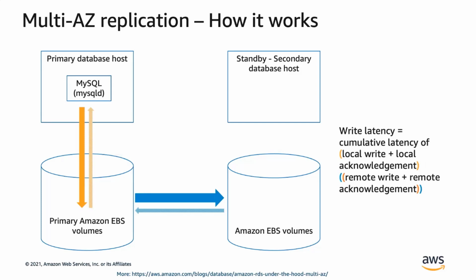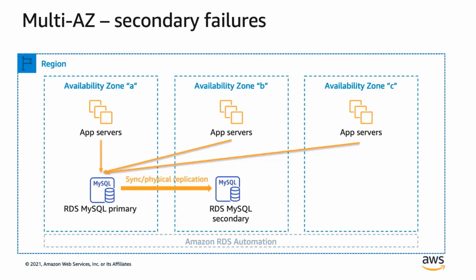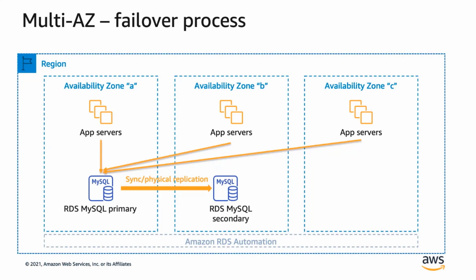Now let's look at some of the multi-AZ failure scenarios. If the secondary instance fails or becomes unavailable, Amazon RDS monitoring system automatically detects and fixes the problem and restores high availability, all with no impact on the primary instance or application sessions. Now let's look at what happens when the primary becomes unavailable.